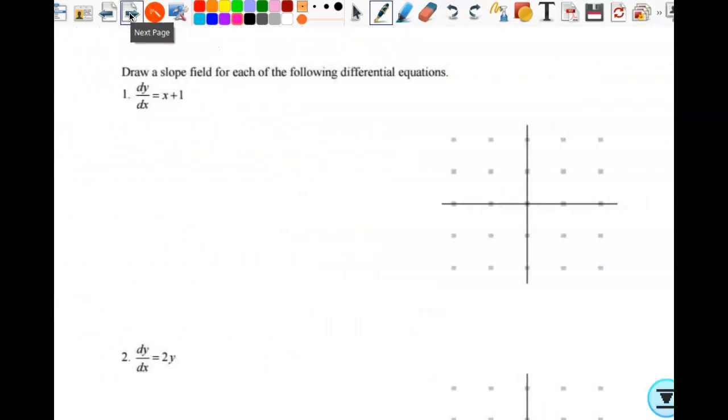All right, so look at the next page. At your tables, do these first 2. Just do 1 and 2 at your tables. Okay, start doing it, and you'll realize that you won't need as much time as you think you do.